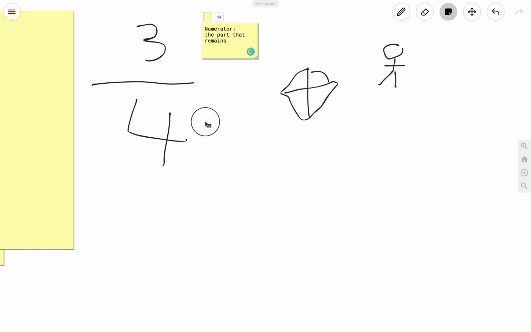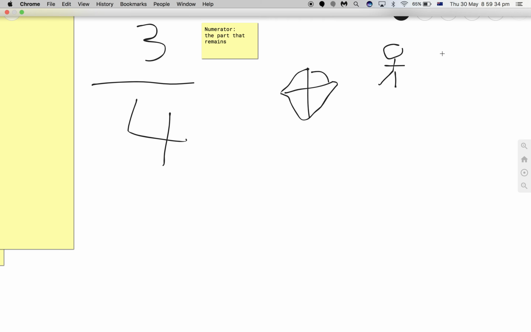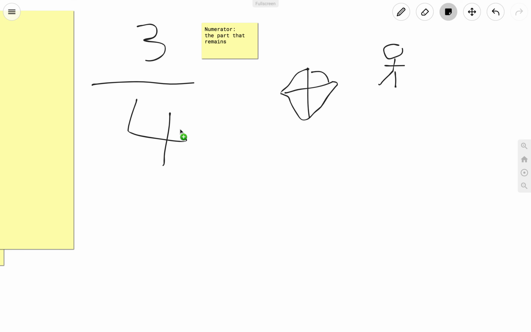So now, this part down here is called the denominator. It's basically how many parts are in the whole thing. For example, for this pie, there are 4 pieces, which is how many parts there are in order to make a whole.